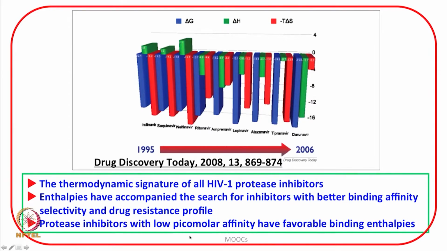You remember in one of the previous lectures I said that physical chemists would like to talk in terms of association and biochemists would like to talk in terms of dissociation. So, picomolar means we are talking here in terms of dissociation, and one can convert this dissociation constant into an association constant and talk in terms of the binding affinity or binding constant.